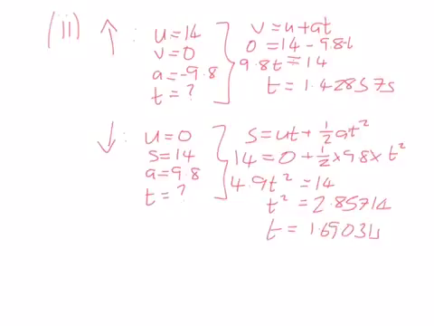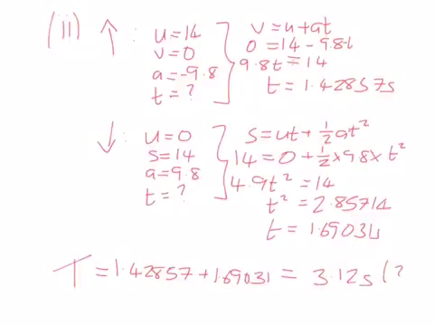So then t comes out as 1.69031 seconds. To get the total time, if we call that capital T, that will just be 1.42857 plus 1.69031, which will then give us a total of 3.12 seconds, rounded to 3 significant figures.